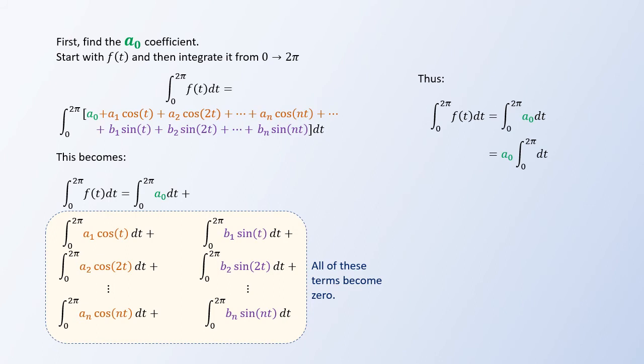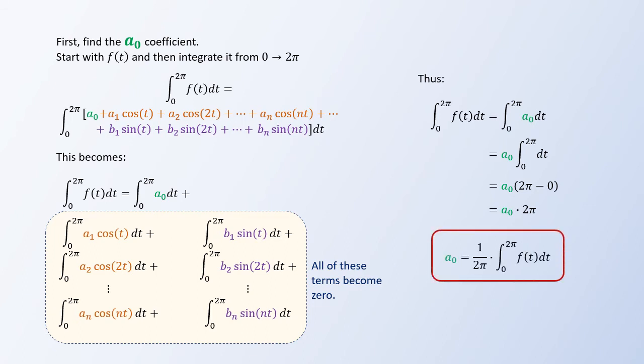Since a0 is a constant, we just pull that out, and we're left with just the t value there evaluated from 0 to 2 pi. And so we now know that that integral is equal to a0 times 2 pi.